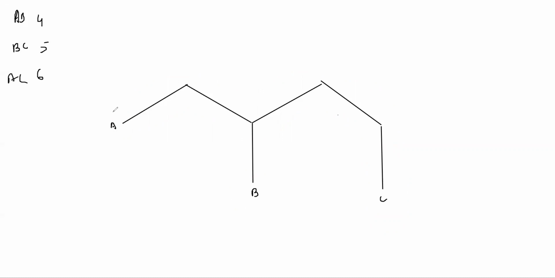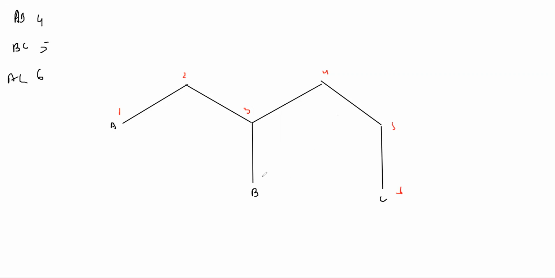If I count 1, 2, 3, 4, 5, 6 from the left-hand side, the branch is with the third carbon. But if I count from the right-hand side, 1, 2, 3, 4, 5, 6, the branch is coming at 4. So I should follow the numbering from left to right because the branch is coming at the third carbon.